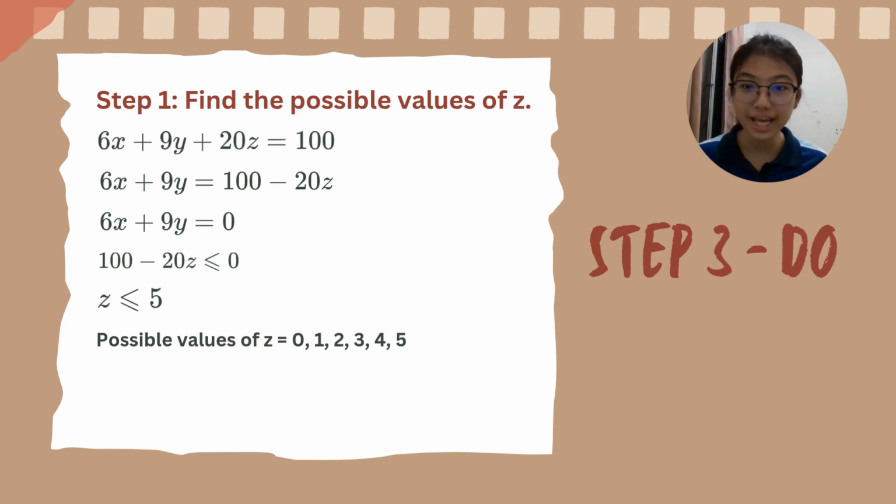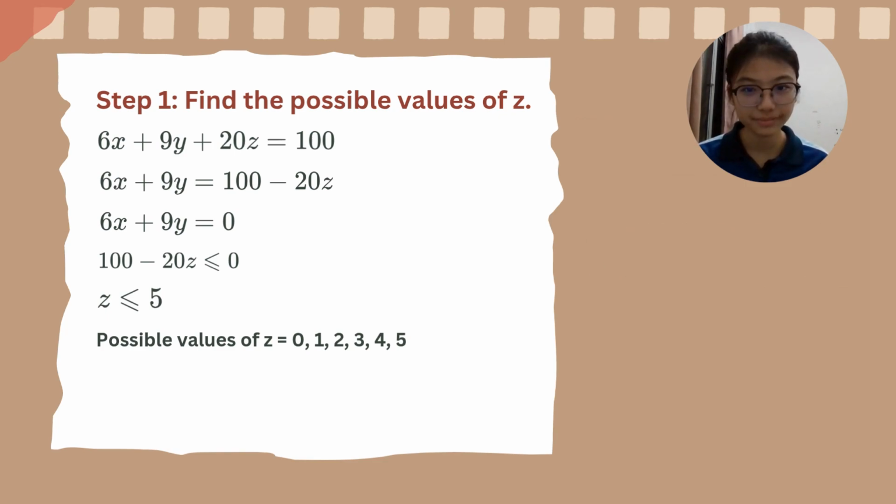And we know that 6x plus 9y is at least 0, which means 100 minus 20z is smaller than or equal to 0. So we get the answer that z is smaller than or equal to 5, and the possible values of z are 0, 1, 2, 3, 4, and 5.